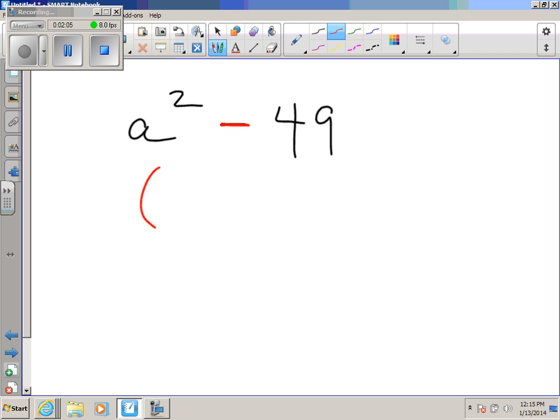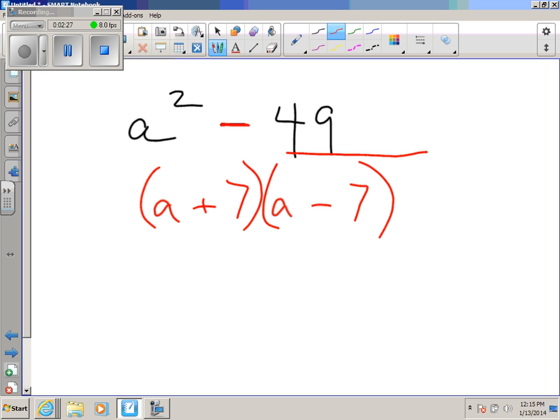So what I need to do is set it up as such. If I know it's difference of squares, I'm going to have an a here, an a there. You already told me that 49 is a square of 7. Difference of squares works out to be what? A plus and minus. There it is.